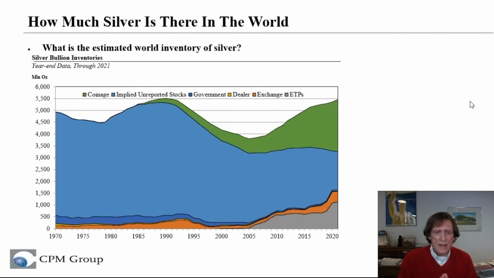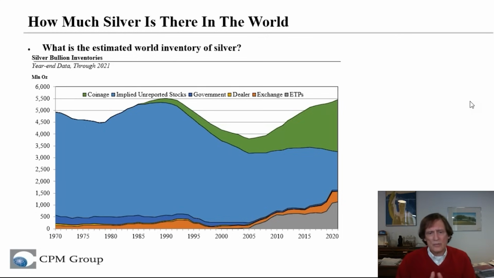And one of the things that's happened since the 80s is a larger portion of those inventories have become publicly reported. We know how many bullion coins are manufactured because the mints tell us every year, this is how much silver we're using in coins. We know how much silver is in the ETFs because these are publicly traded shares and they have a regulatory obligation as well as a marketing incentive to tell us how much silver they have.